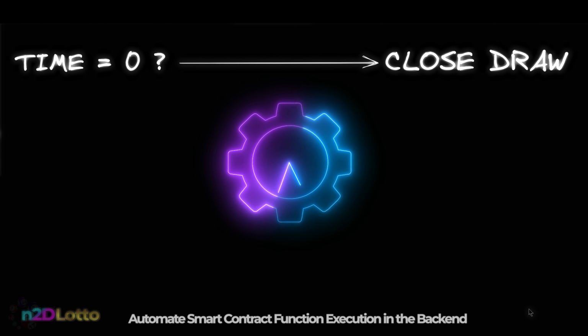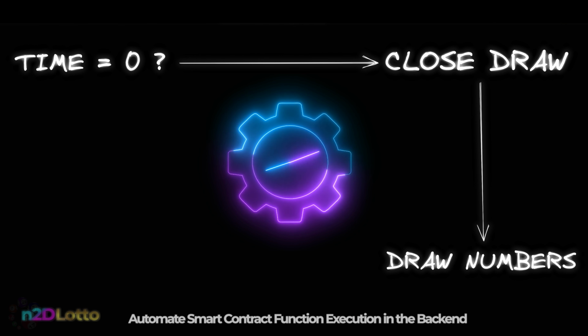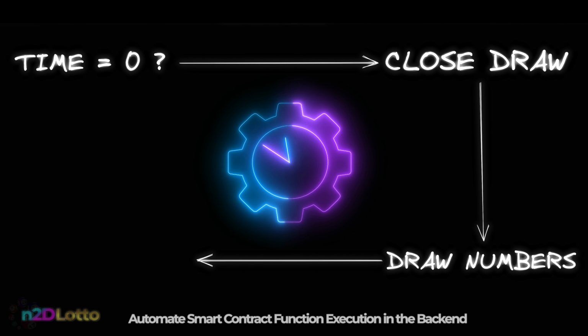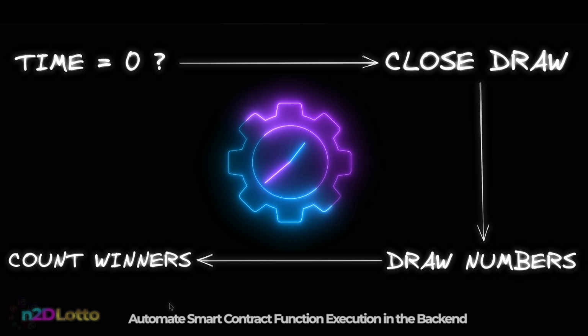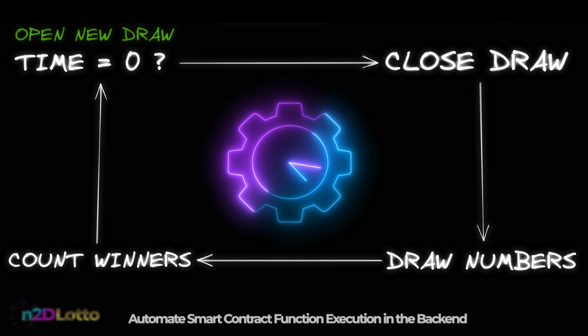And then I'm going to start executing the functions: close the draw, get the winning numbers, obtain the winners for that particular draw, issue the prize to those users, and then reinitialize a completely new draw.